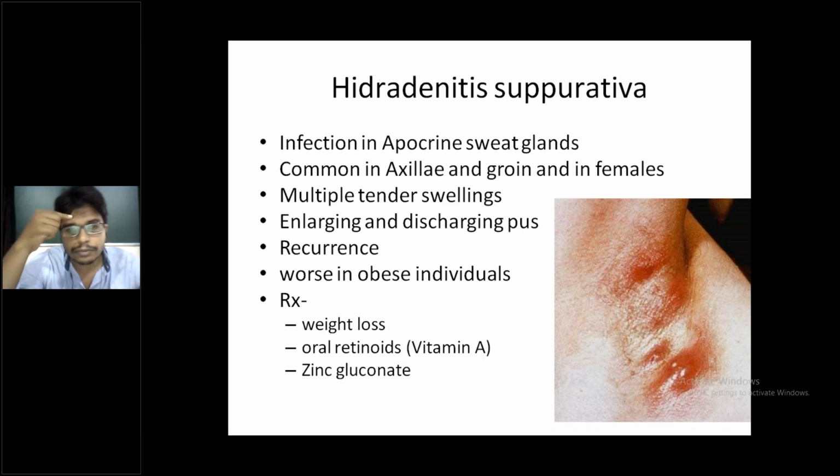A means axillary sweat glands, P means perineal, O means areola, which looks like an O or circle. These apocrine glands are more prone to hidradenitis suppurativa. It is worse in obese individuals; weight loss, oral retinoids, and zinc gluconate will help clear it.